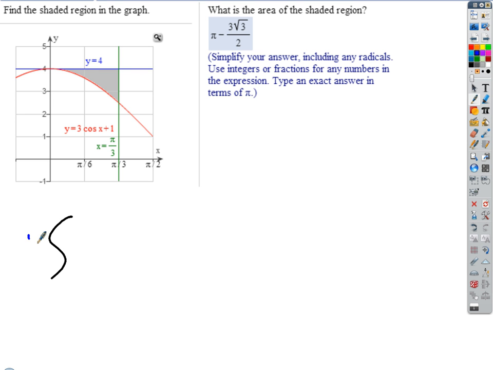I can put the 4 out front even, right? Because that's a constant. So I just get the integral of 4 dx from 0 to what? Pi thirds, yeah. Right? Minus, and I can put the 4 inside the integrand if I want to. Whichever you're more comfortable with, doesn't matter. But we can pull it out front, can't we?